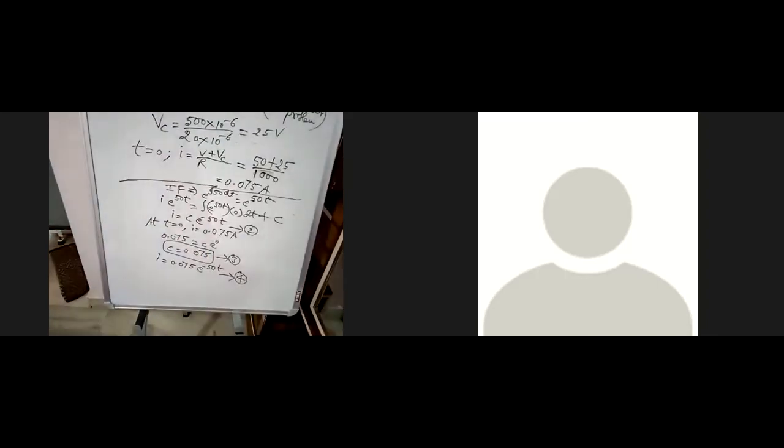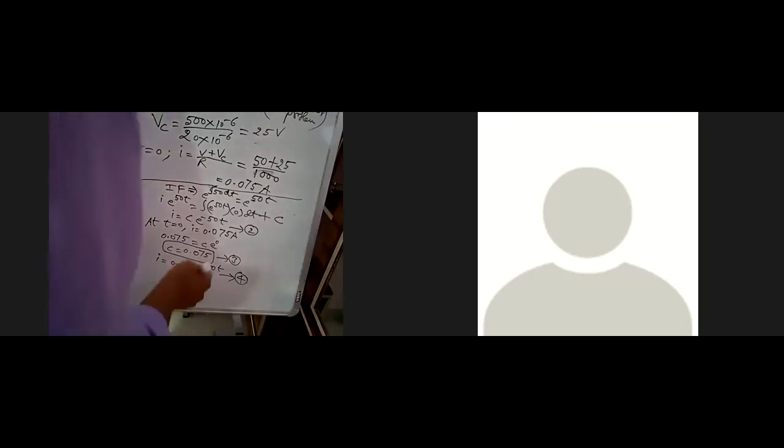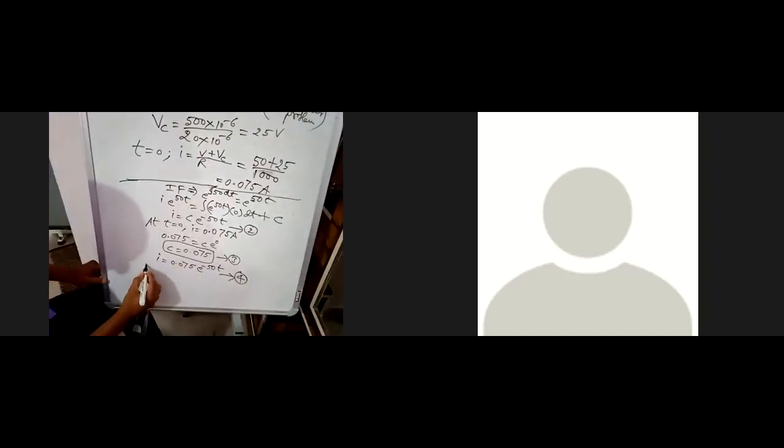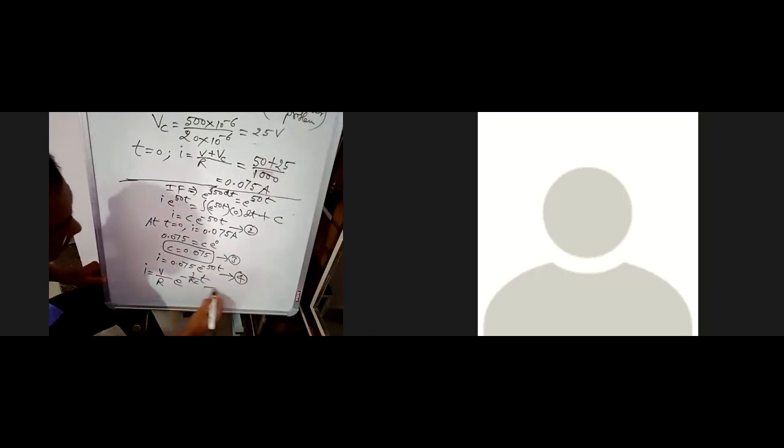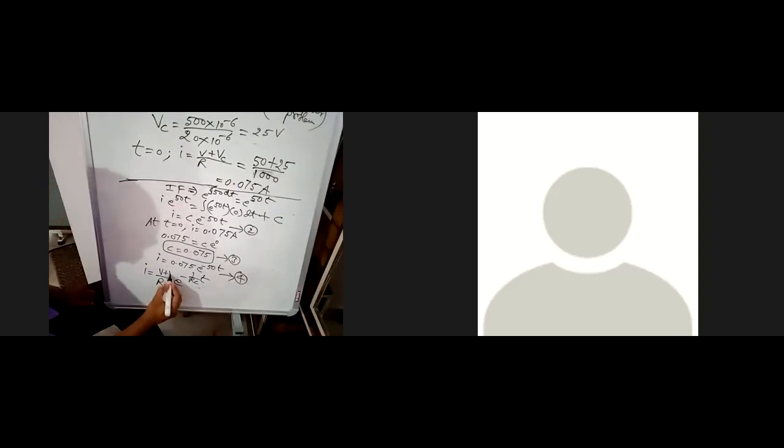So in this way, we'll determine the current transient equation. Otherwise, we can use the formula also. You know the formula? This is the formula. But in this formula, there is a slight change: the initial voltage on the capacitor.